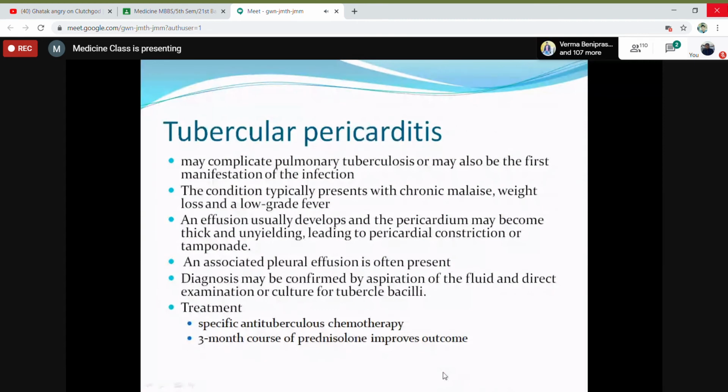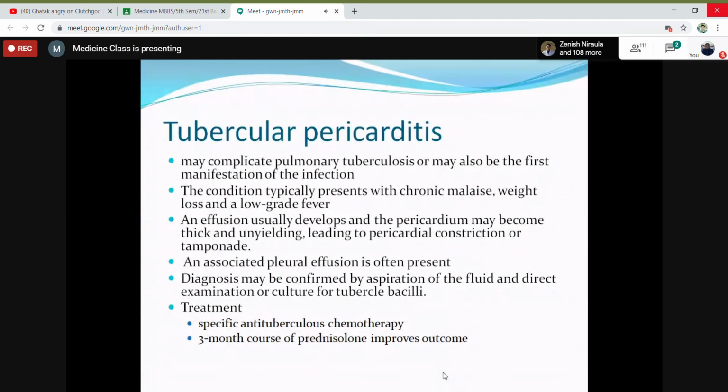Now, shortly regarding tubercular pericarditis, it may complicate pulmonary tuberculosis or may also be the first manifestation of the infection. The condition typically presents with chronic malaise, weight loss, or low-grade fever.